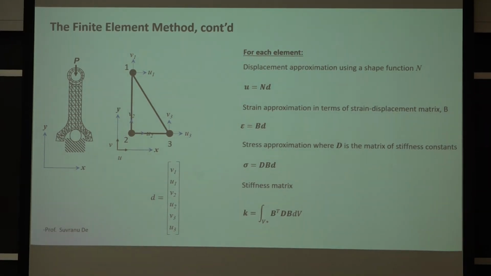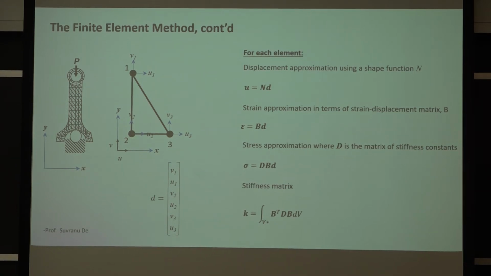The strain can be calculated from that displacement vector using the strain displacement matrix B. Once you have a strain, you multiply it by a stiffness matrix to give you a stress. So there's your net result. You wanted to get to stress; here's how you get to it.